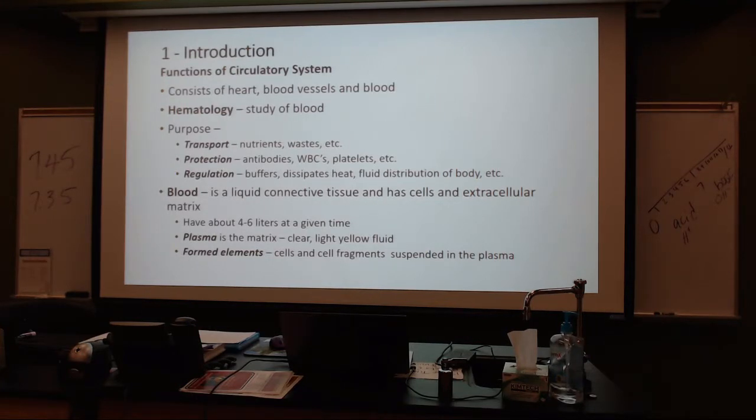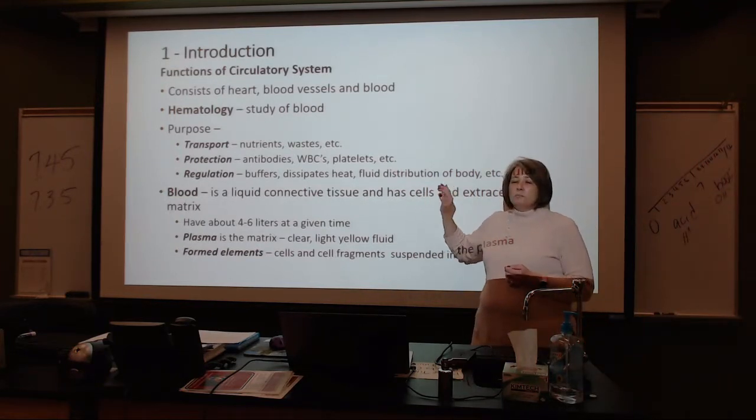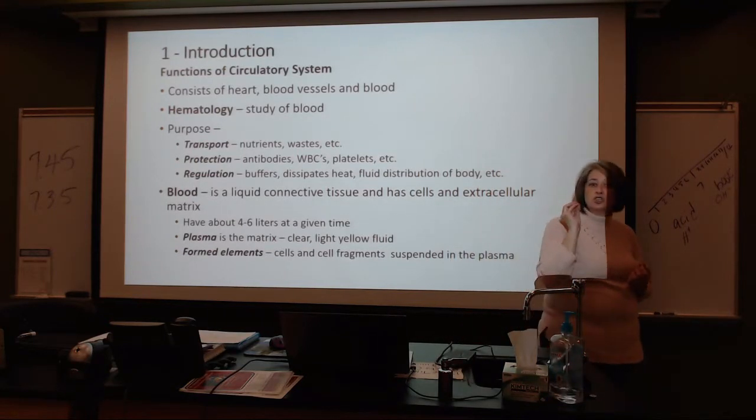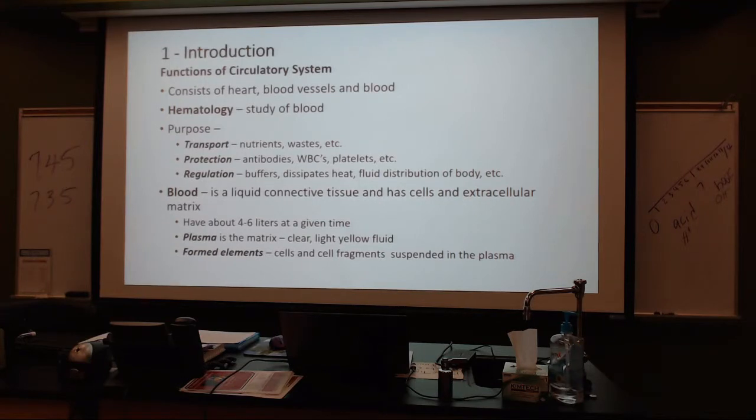So it's going to have the ability for materials to keep their structure. We're going to have in our body at any given time about 4 to 6 liters. Males tend to have more than females.